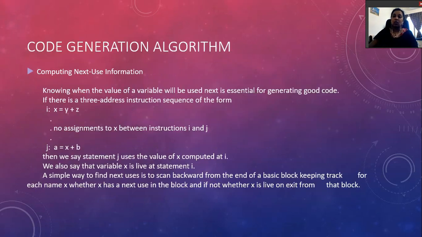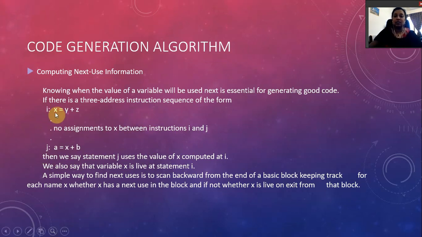Moving on, we'll go on to the code generation algorithm. The first step is to identify the next use information. What is that next use information? Whenever you define a variable, those variables are evaluated and the values are stored in the register. You have to identify when those register contents will be used next. So that is what they have said here.